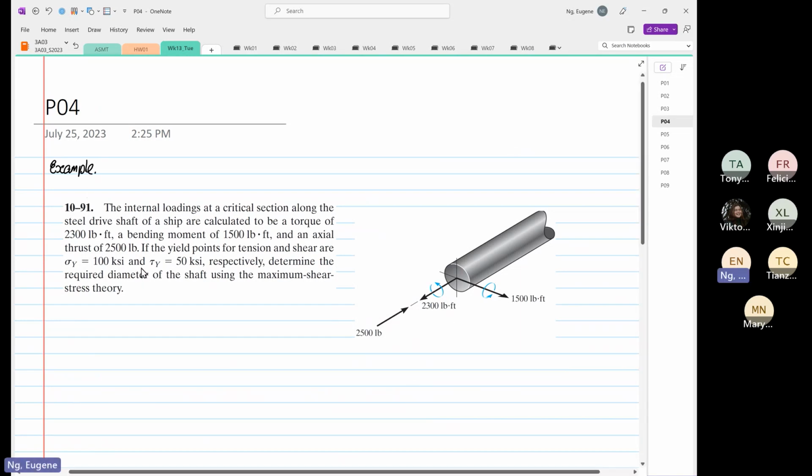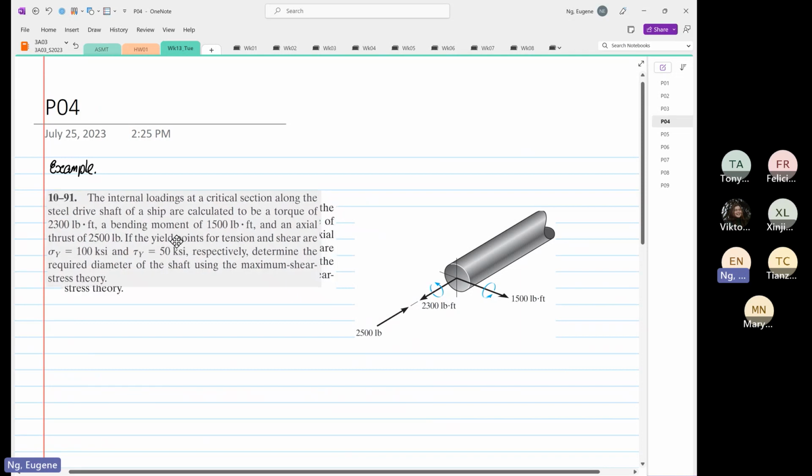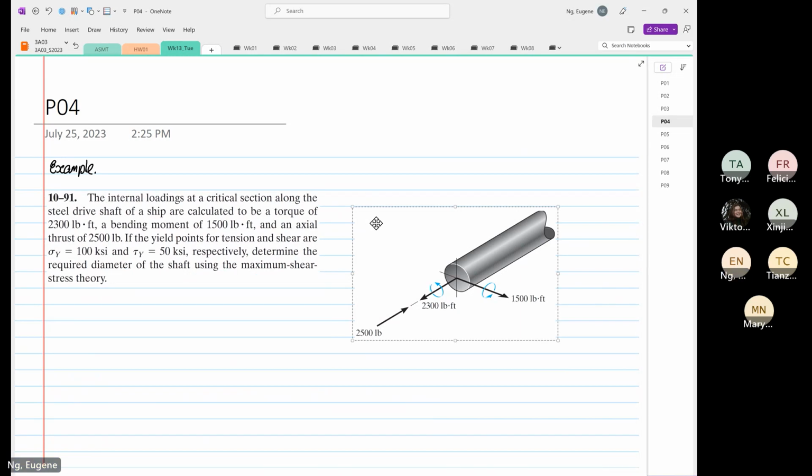So what is given down here is the internal loading at a critical section along the steel shaft of a ship, calculated to be a torque of 23,000 pound-feet, a bending moment of 1,500 pound-feet, and an axial thrust of 2,500 pounds.